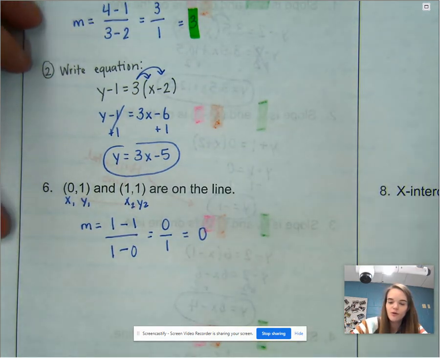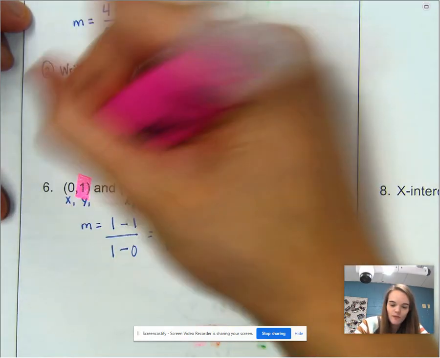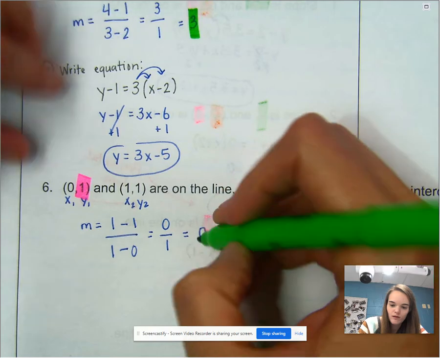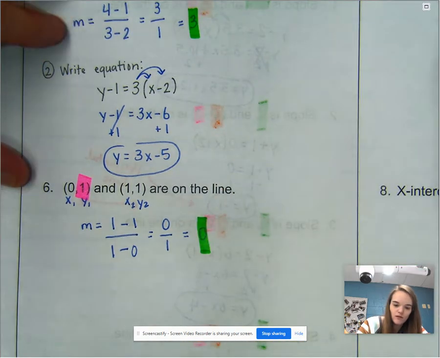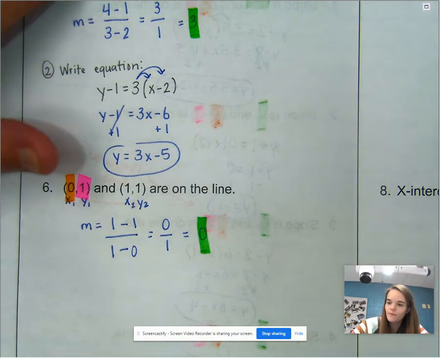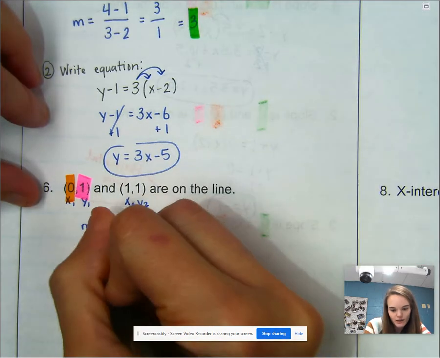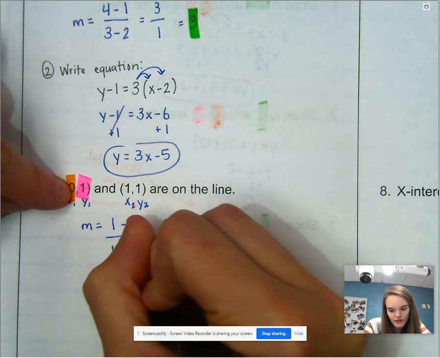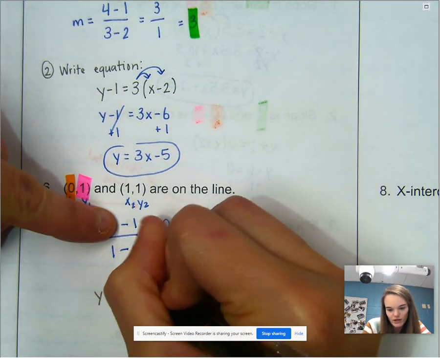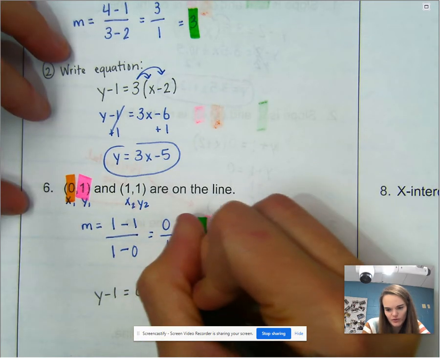Now, let's write the equation. Y minus 1 equals 0 times x minus 0.